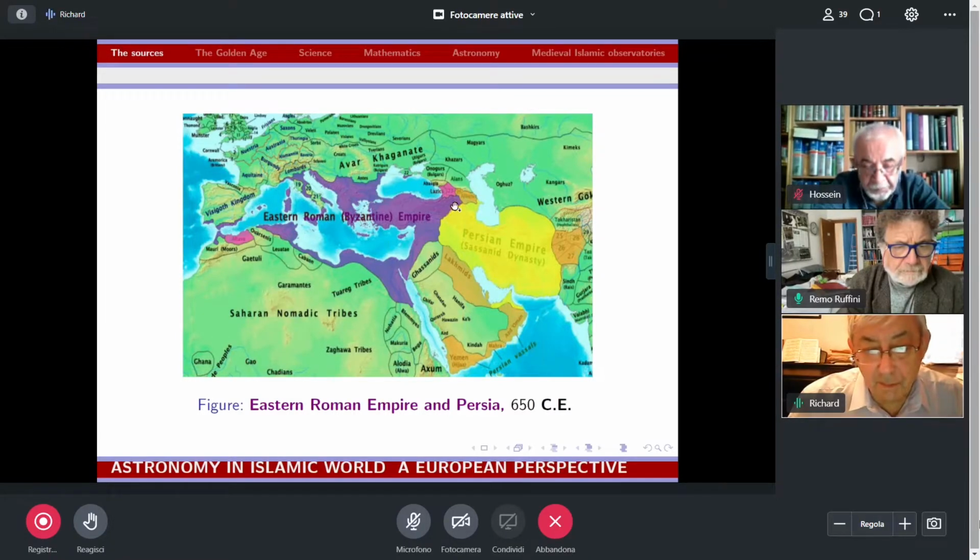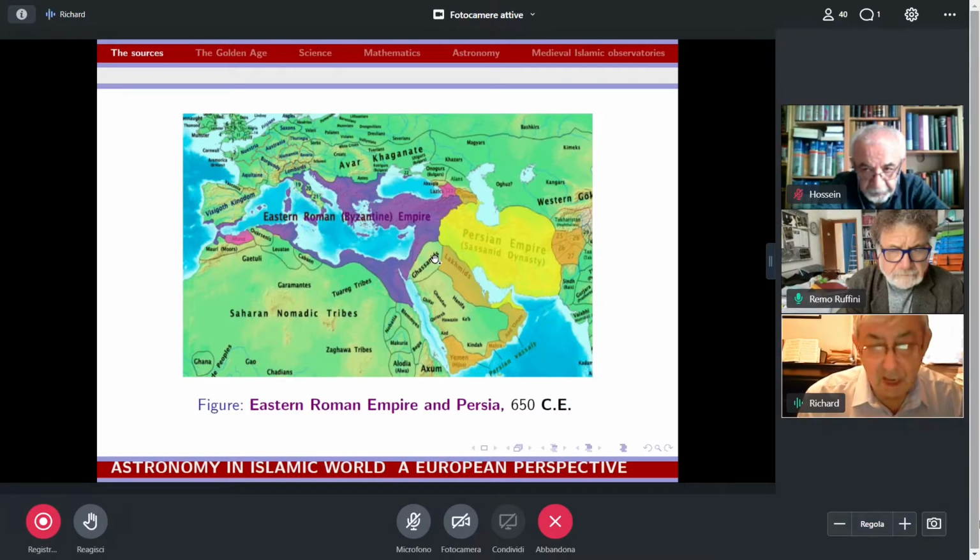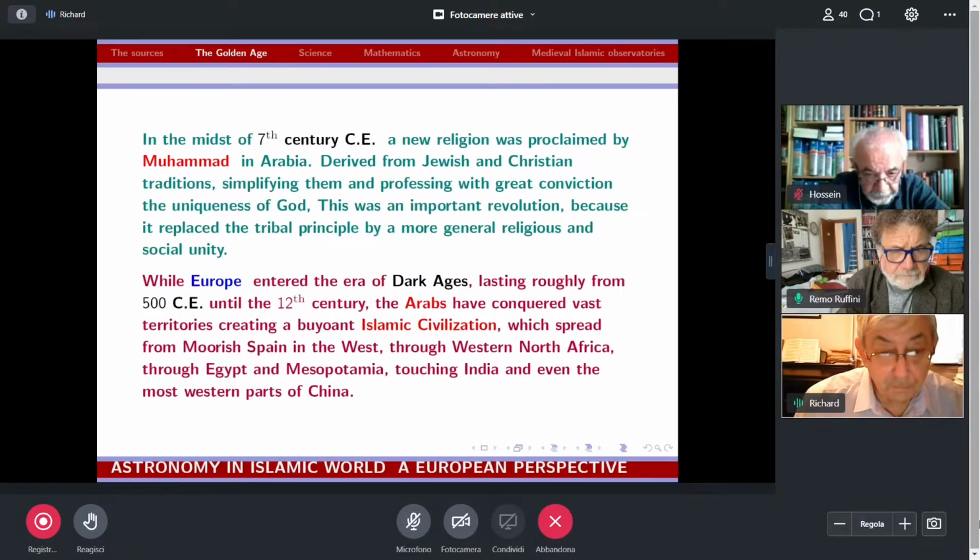And another empire which was comparable in size and in population was the Persian Empire, Sassanid dynasty. So this is the state of the world that Arabs inherited when they started the expansion.